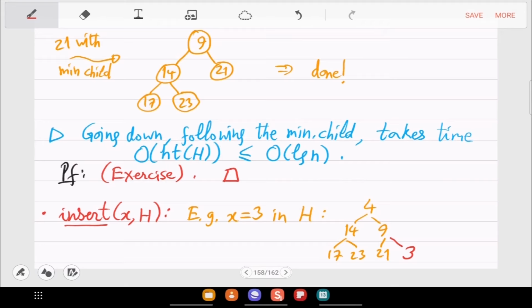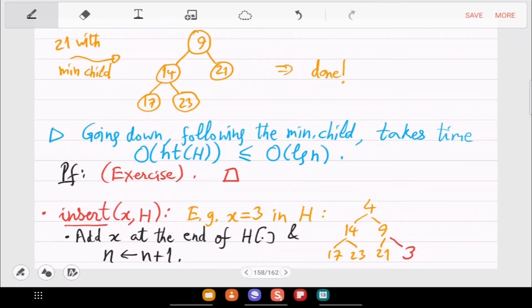So that is the first step. What you do is add at the end of the array. And increment n. Okay, so with the new n, you have all the formulas continue.